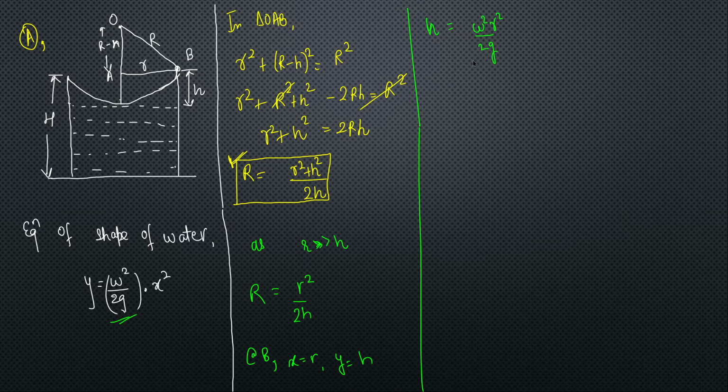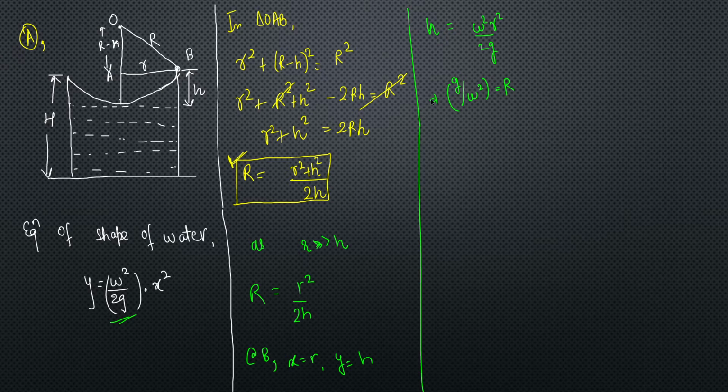So from here we can see that g by omega square equals capital R. Substituting the value of h, you get this result: g by omega square equals capital R.